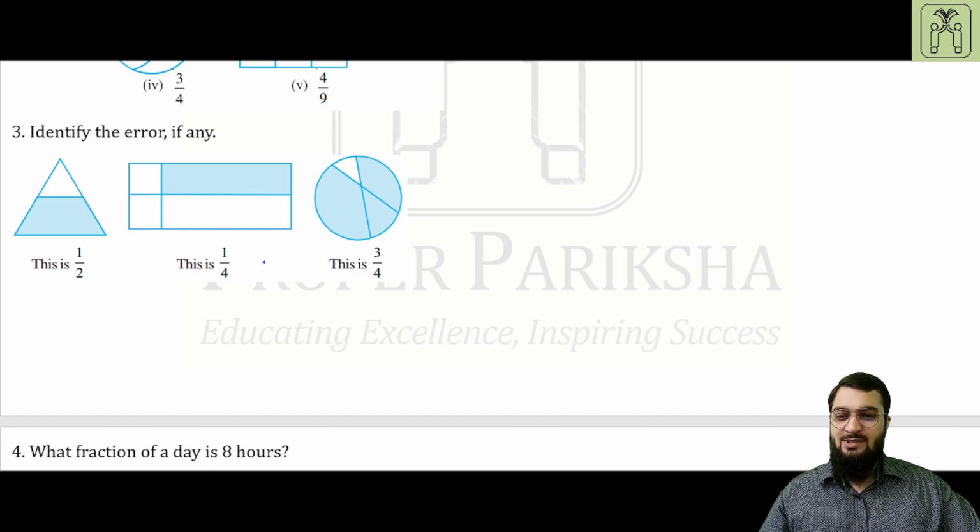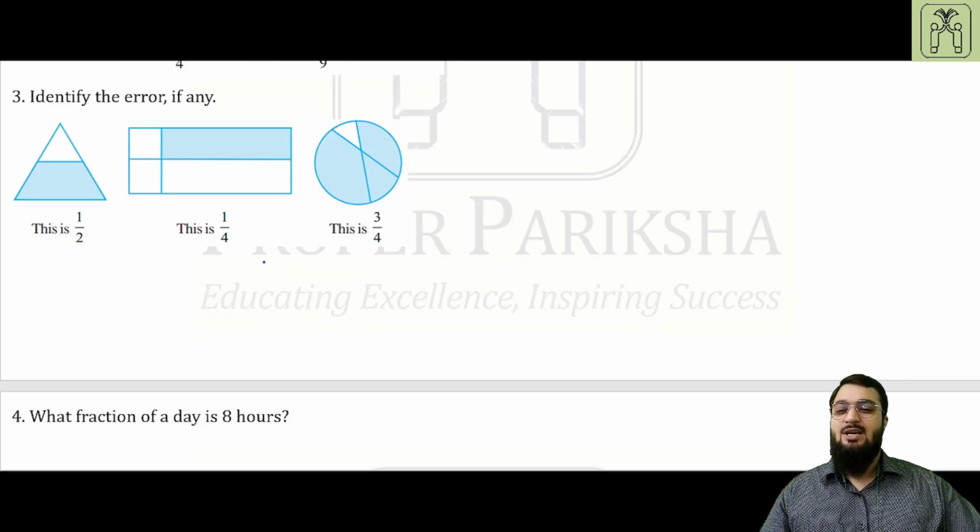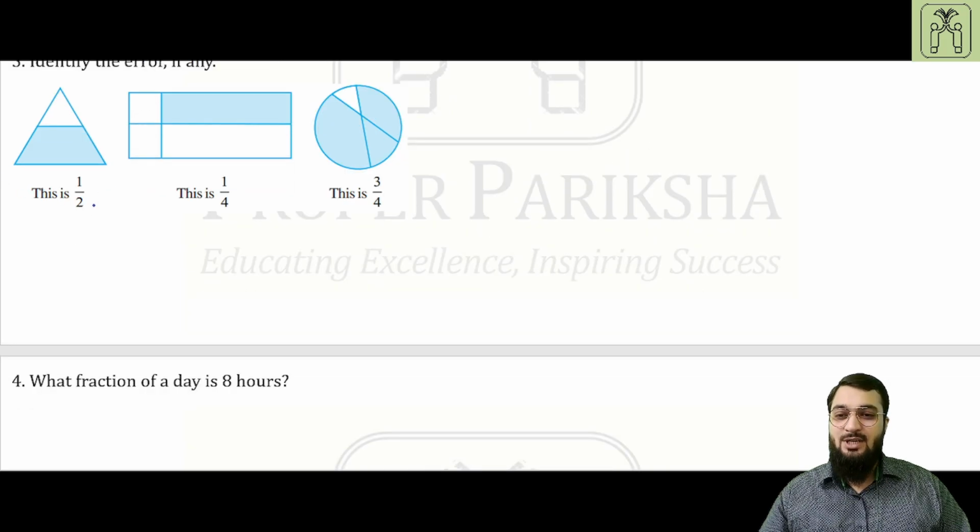So the question is that you have to identify if the fraction which is written over here matches or does not match with the figure drawn over here. So 1 upon 2, the error is that this part is not equal to that of this part.